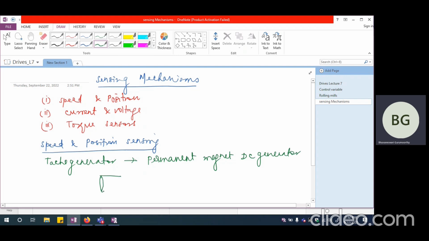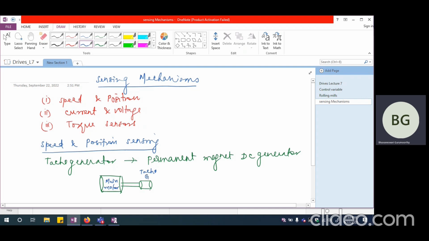I'm just going to show it as a cylinder. To the same shaft, I would have a small tacho generator coupled. So this is the main motor whose speed needs to be sensed, and this is the tacho generator.